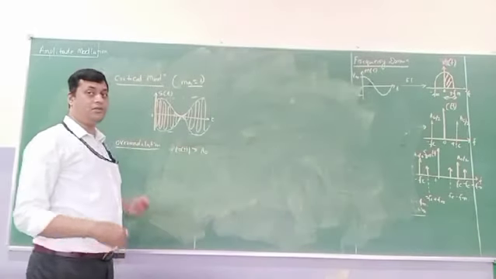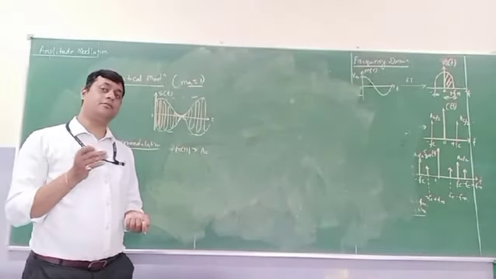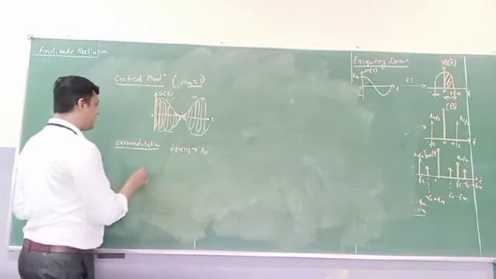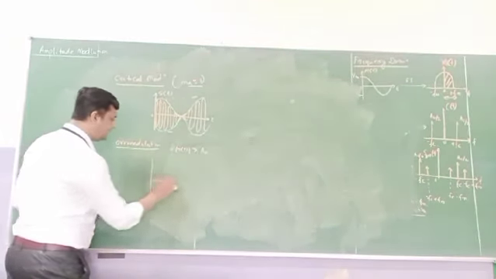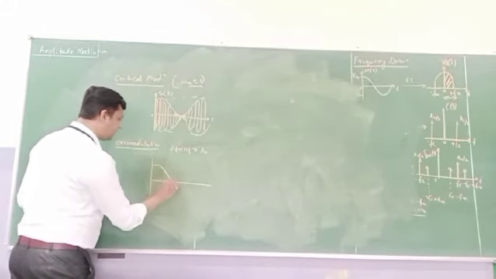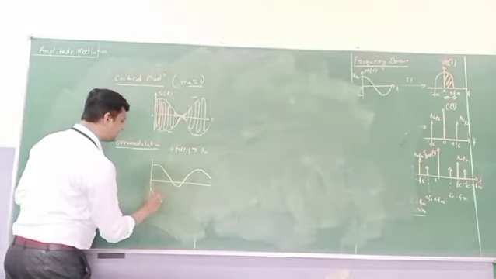If the amplitude of the modulating signal is greater than the carrier, slope overlap distortion will be identified. For that case, you can see that at the zero crossing, points will be identified like this.